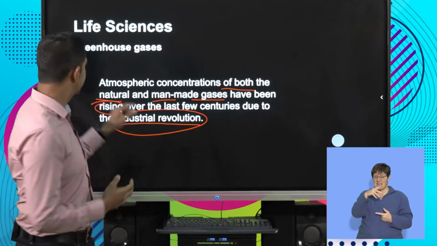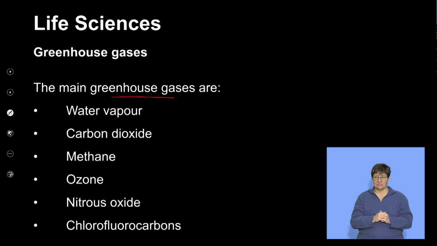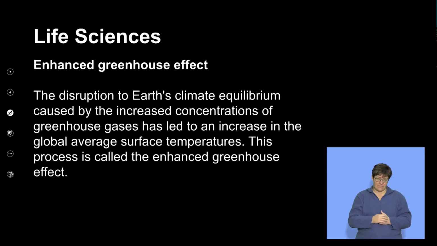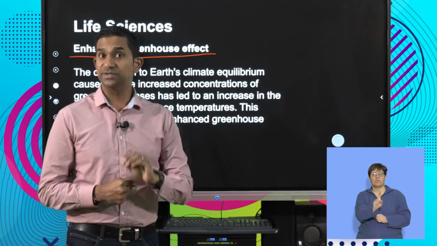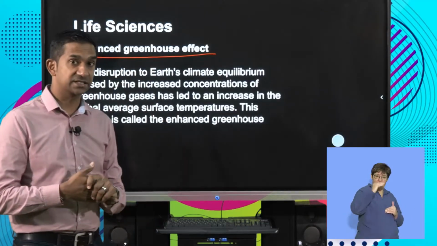So the concentration of these greenhouse gases has increased. And so the main greenhouse gases are water vapor, carbon dioxide, methane, ozone, nitrous oxide, as well as your chlorofluorocarbons. The enhanced greenhouse effect essentially points to the impact that humans have had by producing significantly more greenhouse gases.